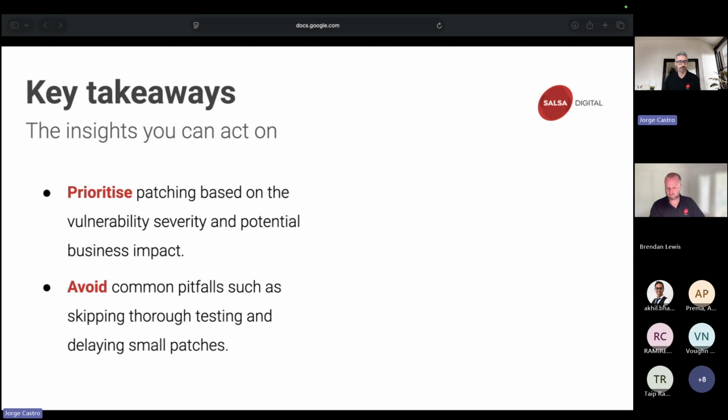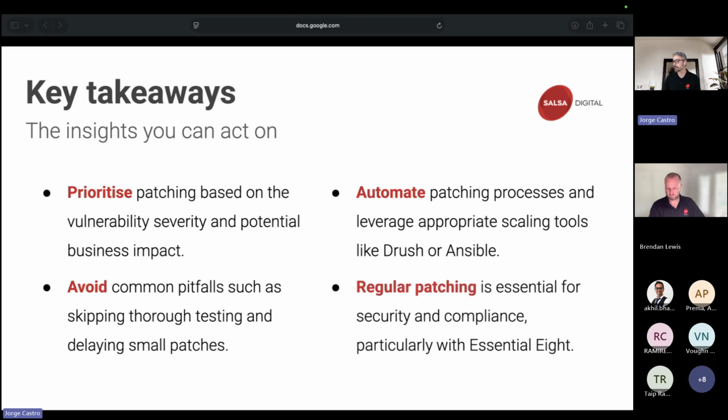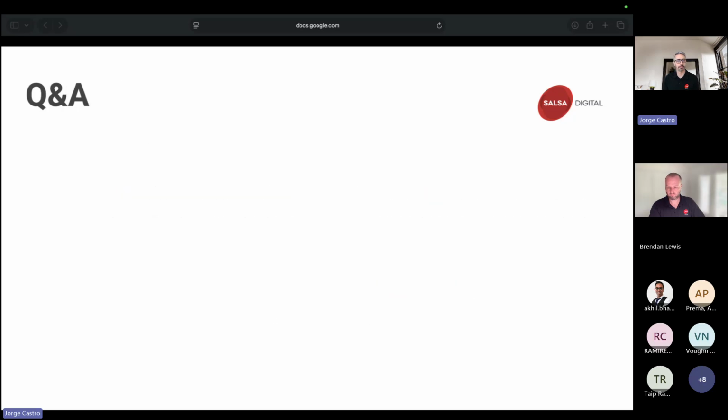Don't delay small patches. They do build up. Automate if you can. Bring consistency to your processes. And do it regularly. Don't do it today and then in 6 months and then in 12 months. Just keep on top of it. And essentially that's it from me today.